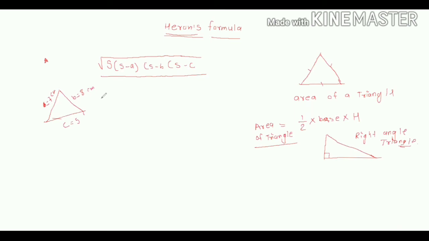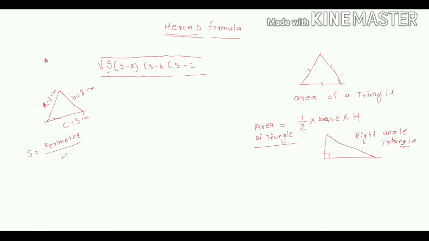Now you have to find the area of this particular triangle with the help of Heron's formula. So let's use it. While using Heron's formula, you have to understand what S is and how to find the value of S. S is nothing but the perimeter divided by 2.